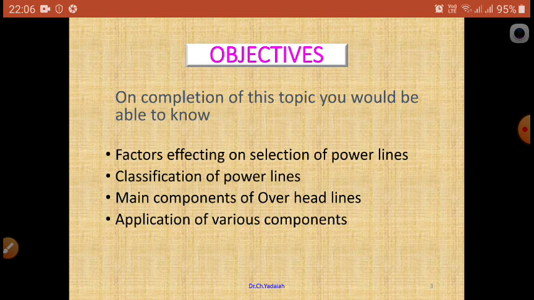For example, in 1915 our total installed capacity of electrical energy was only 105 megawatts. That means a very low value. At the time of independence, 1947, it drastically changed from 105 megawatts to 1900 megawatts of power generation. That means it's a drastic improvement.